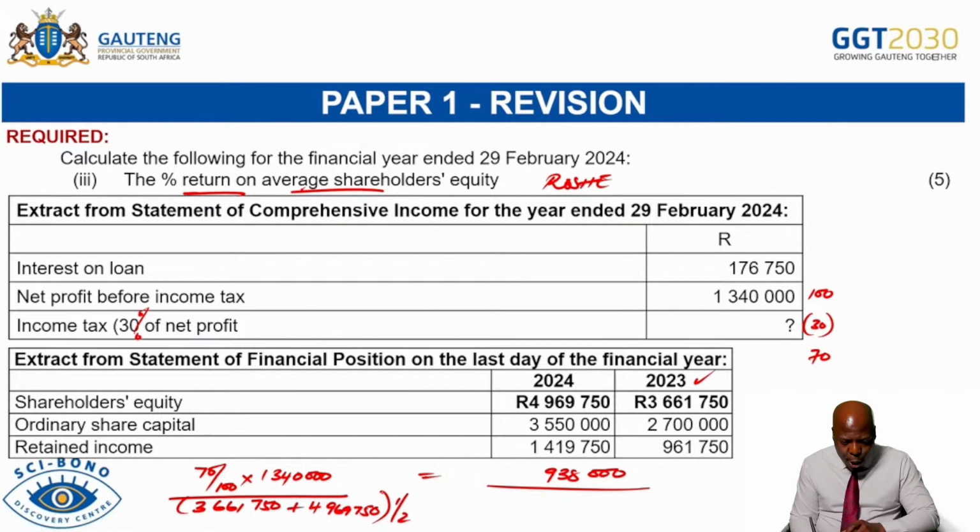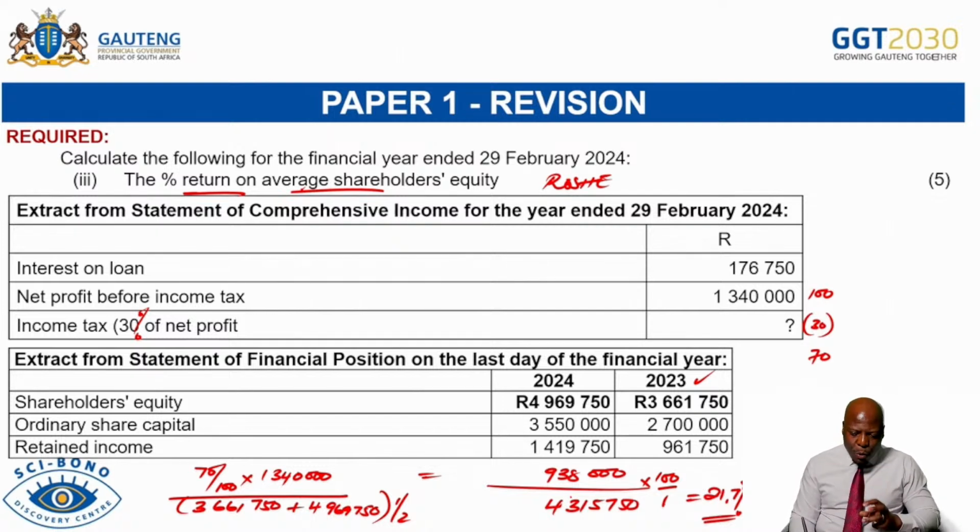On my calculator I end up with 4,315,750. Then we multiply this by 100 over 1, and my answer becomes 21.7%. That is the return, 21.7%.